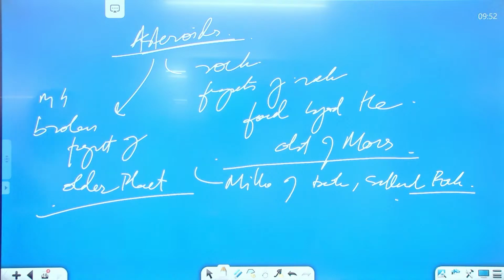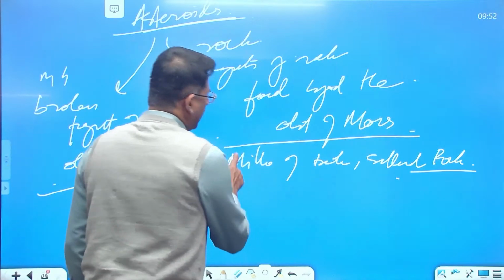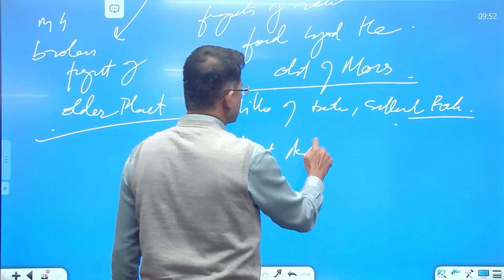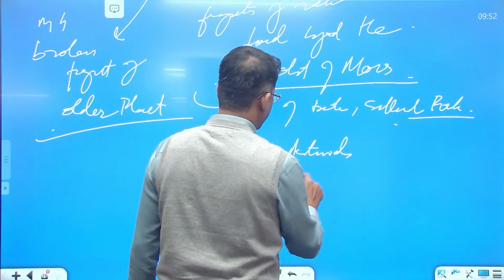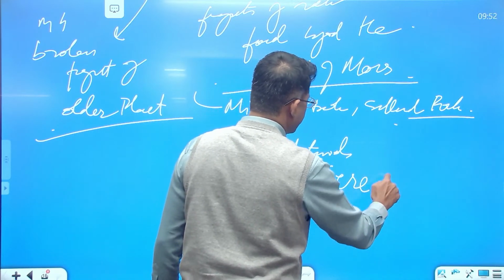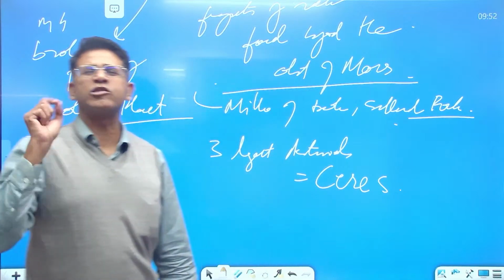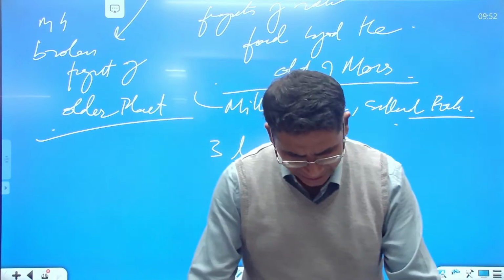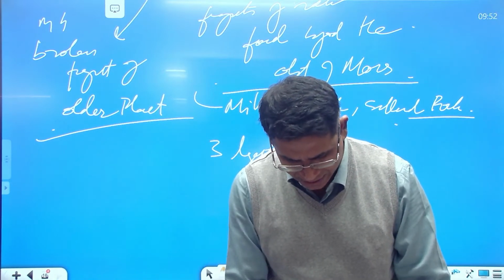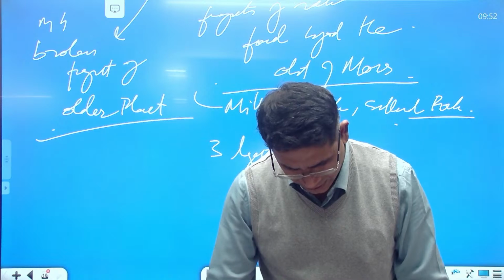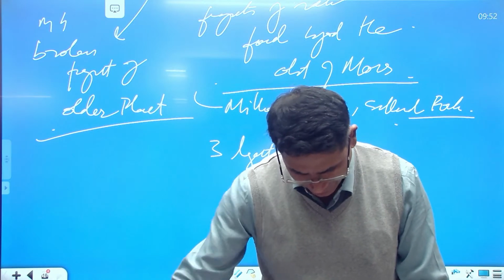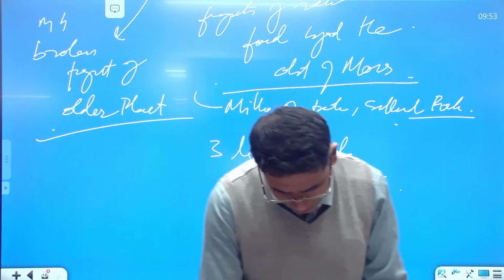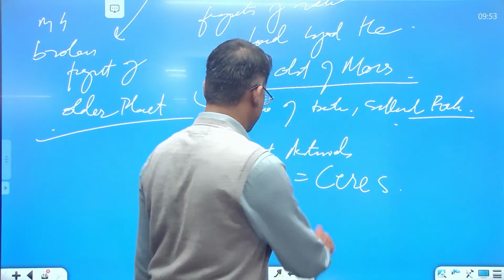Now there are many rocks, but the three largest asteroids: one is Ceres, the largest one. The second is Vesta, and the third one is Pallas.